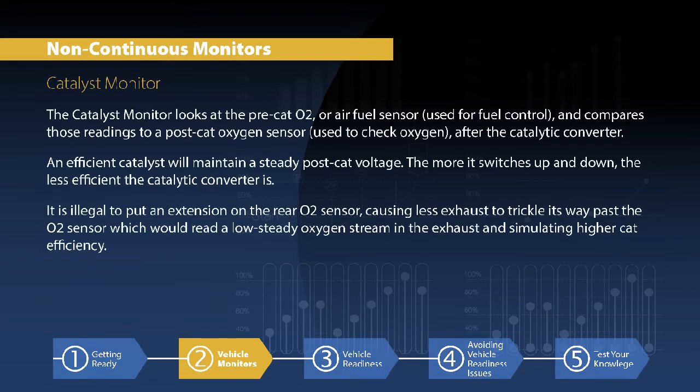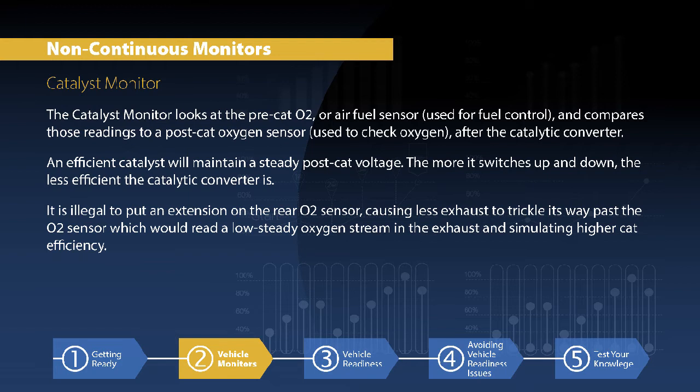The catalyst monitor evaluates the ability of the converter to reduce harmful emissions. When the catalyst in the converter is working correctly, oxygen from the exhaust is used in the breakdown of other components, pollutants, of the exhaust. Under normal closed-loop fuel control operating conditions, most of the oxygen entering the converter is used up in the reaction.